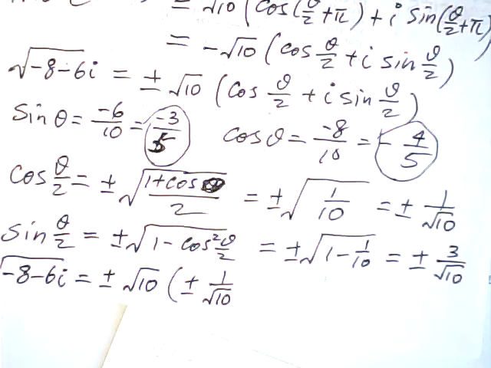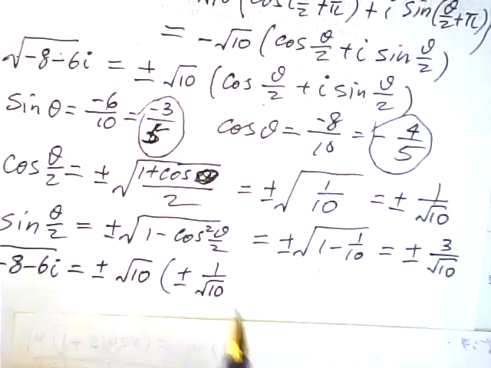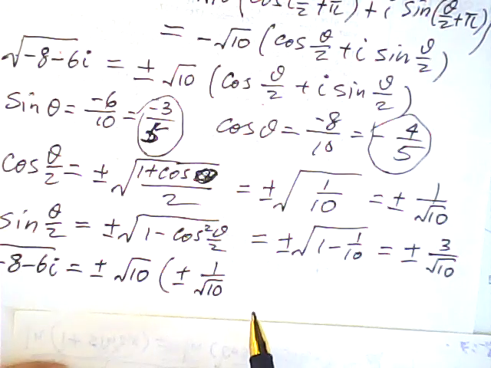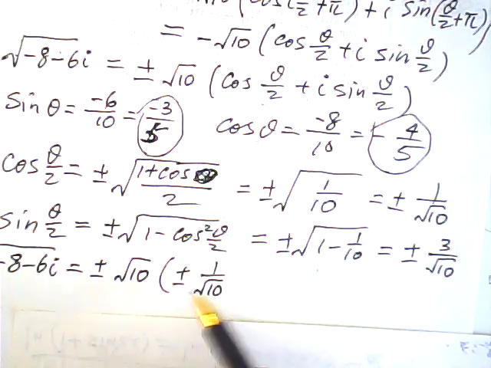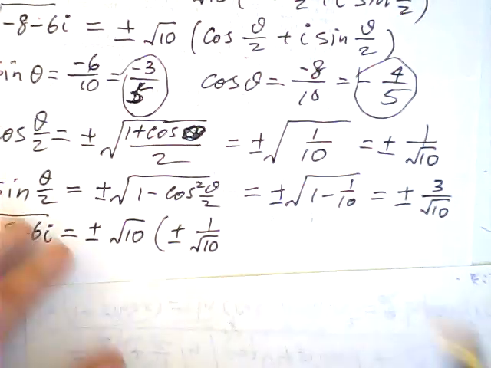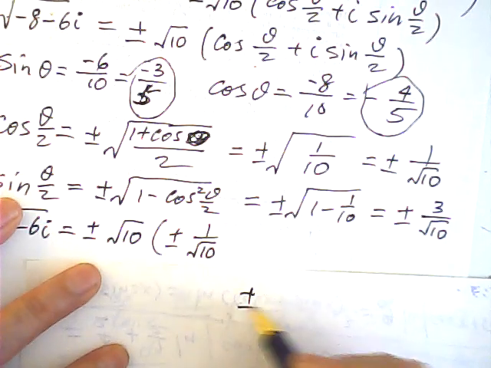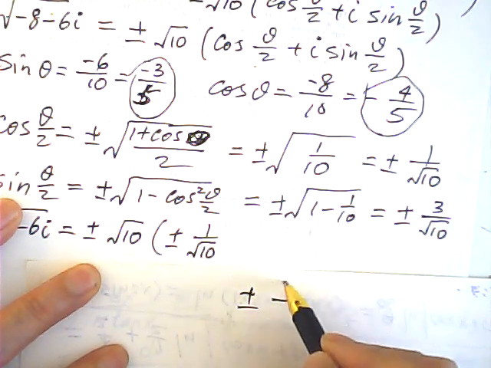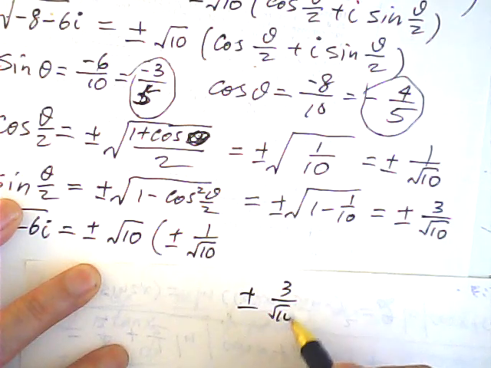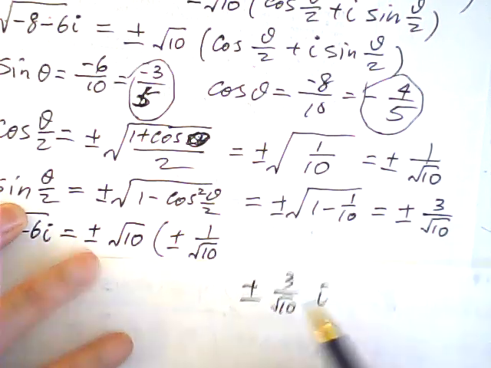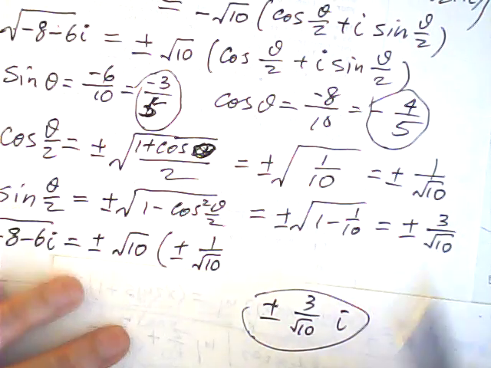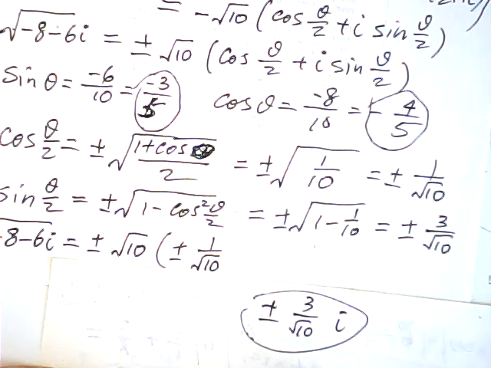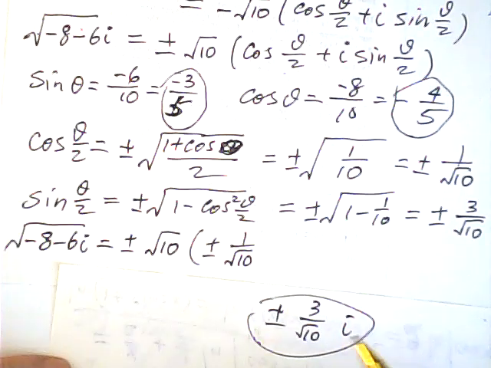It is very easy to make a mistake here. You write both the same sign, both positive, both negative. It's wrong. Why?